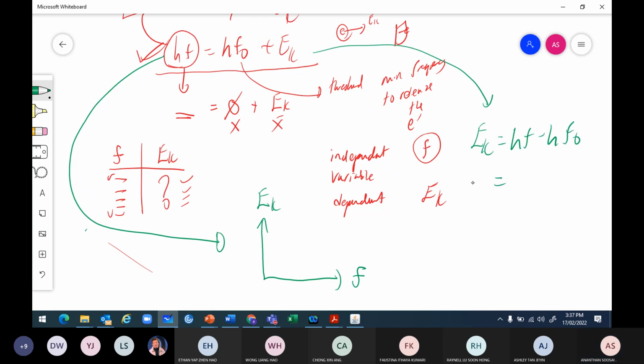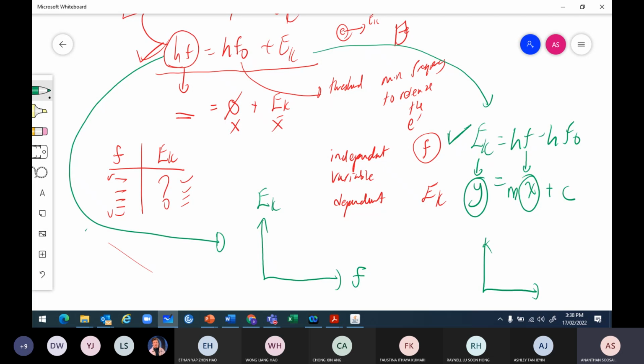So Ek is your y axis, your frequency is your x axis, so your gradient plus c. Makes sense, right? If Einstein's formula is correct, you plot Ek versus frequency. That means you use a different light: a red light, then a yellow light, then an orange light.